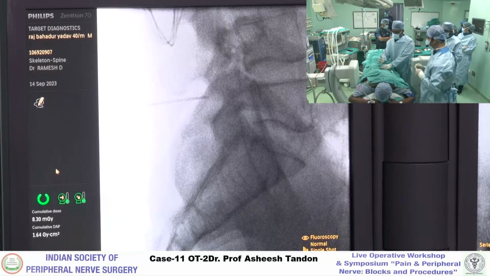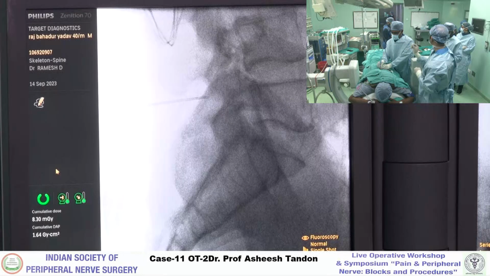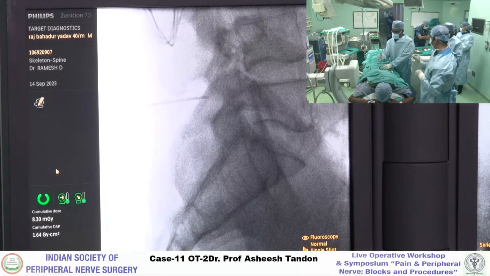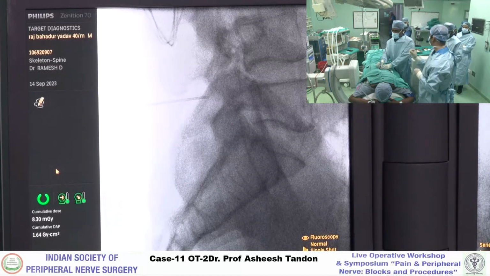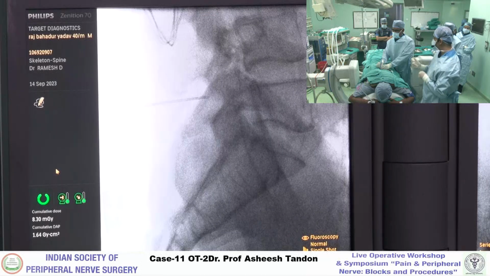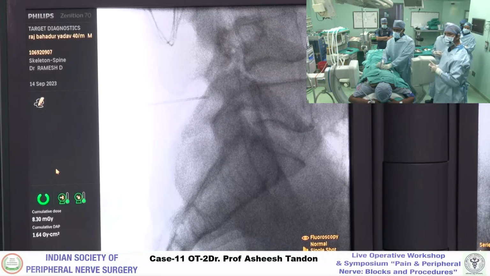Now go inside. You should get that feel. It's called a typical gritty feel. आया? हाँ, good. And then sudden give way you will have. Sudden give way. So he is checking loss of resistance, and there is quite a bit of resistance, so he hasn't penetrated.